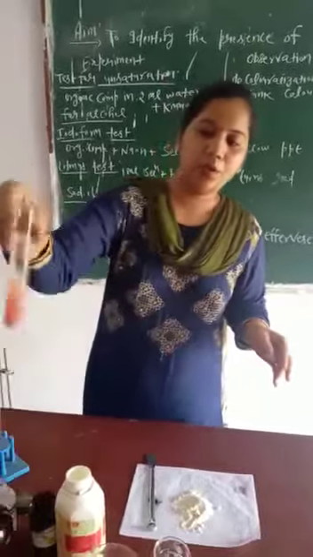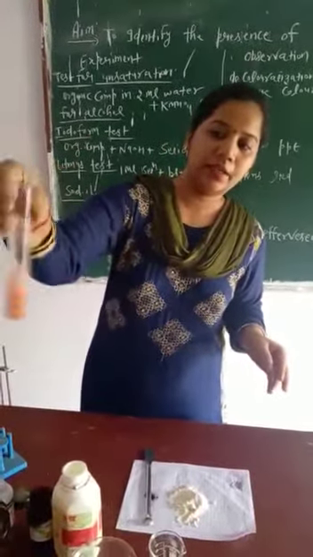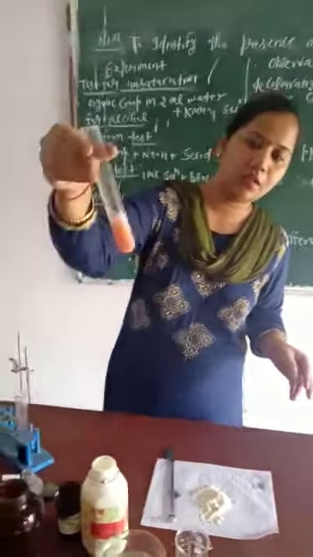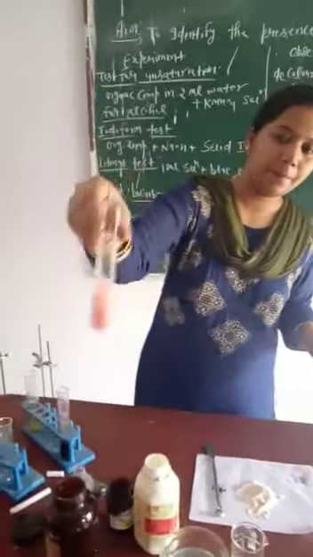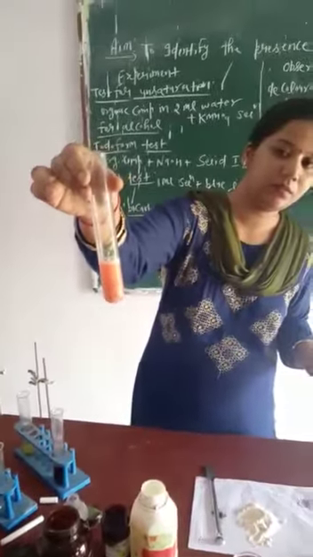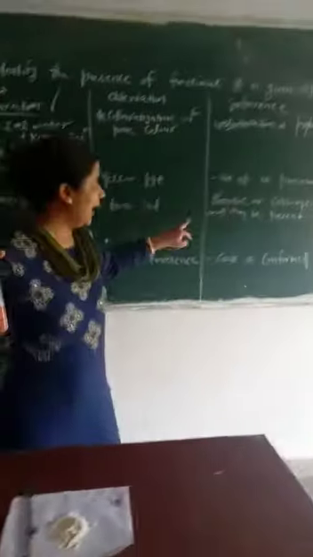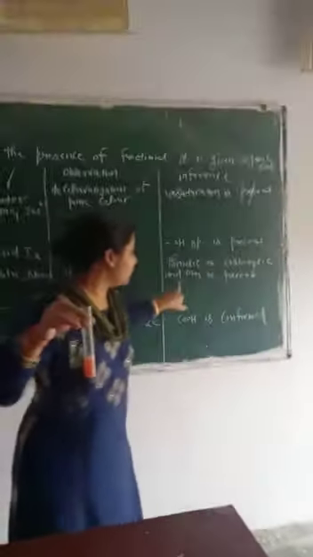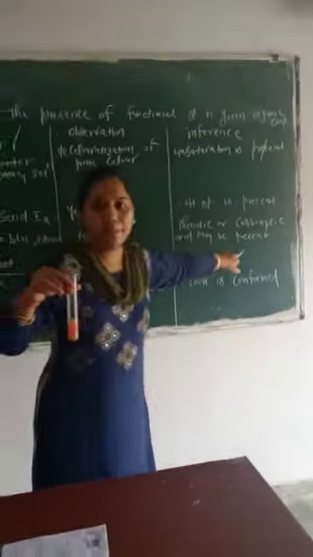By adding blue litmus solution, there is red color in the compound. You can see there is a red color. That means either phenolic or carboxylic acid group may be present.